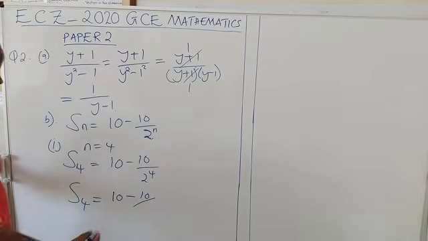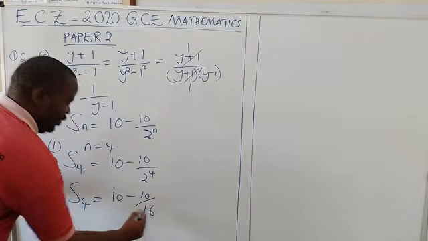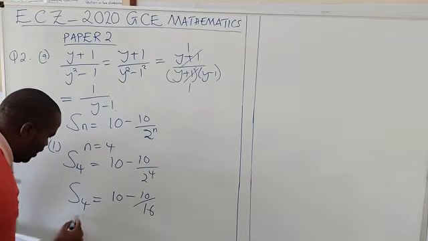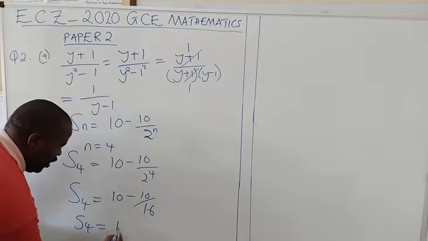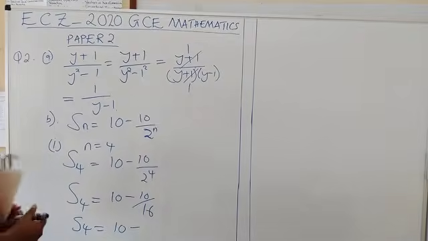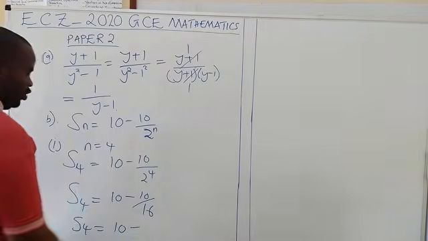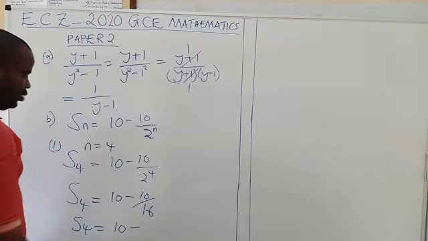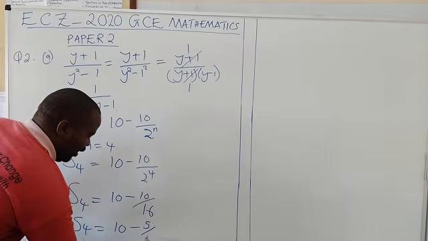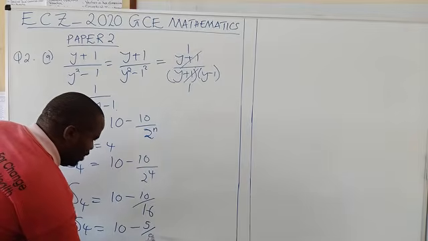We get 16. At this point you can use the calculator, or you can reduce this. S4 is equal to 10 minus 10 over 16. You can find a number that divides into both 10 and 16, which is 2. So 2 into 10 is 5, and 2 into 16 is 8.